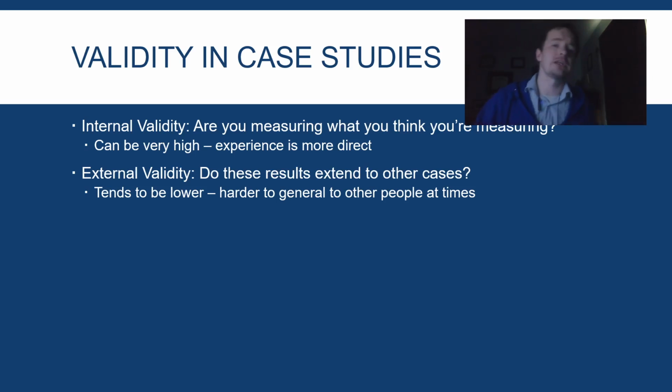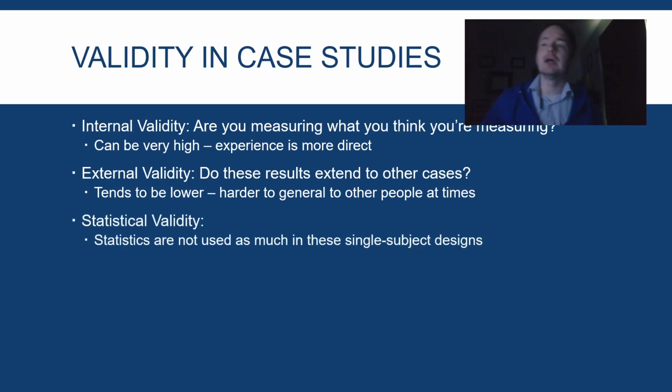So external validity is usually quite a bit lower, and statistical validity is not really a factor so much in single subject designs or case studies, because you're not really using statistics. Instead, you're using that visual inspection method where you're looking at the data to see whether or not it had an effect, instead of using statistical tests.